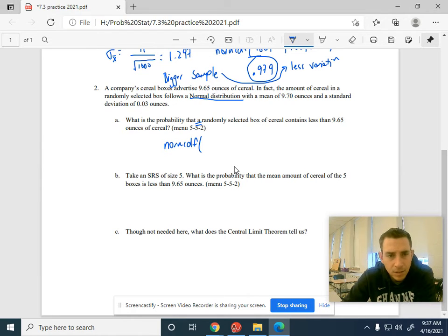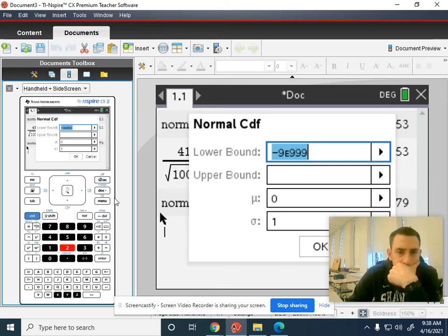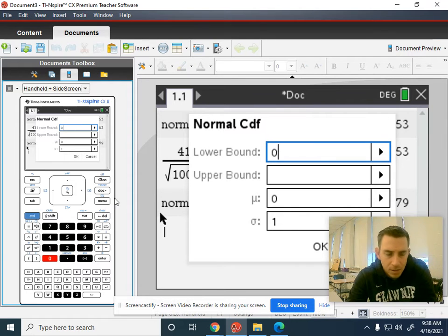The mean was 9.7. The standard deviation is 0.03.